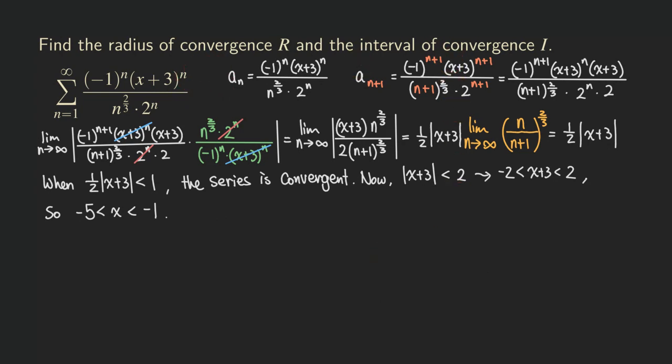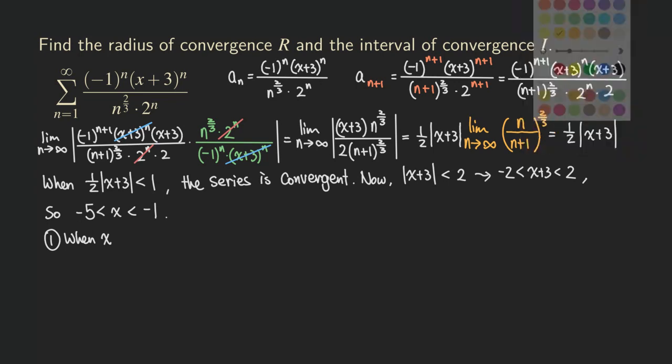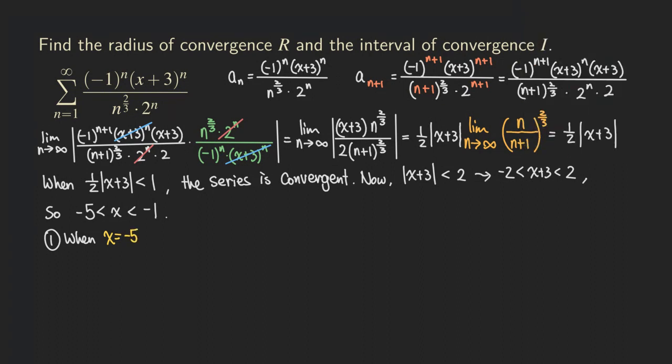Okay, two cases. Case one is when x is equal to negative 5. Let's see what happens. Let's look at the series when x is equal to negative 5.